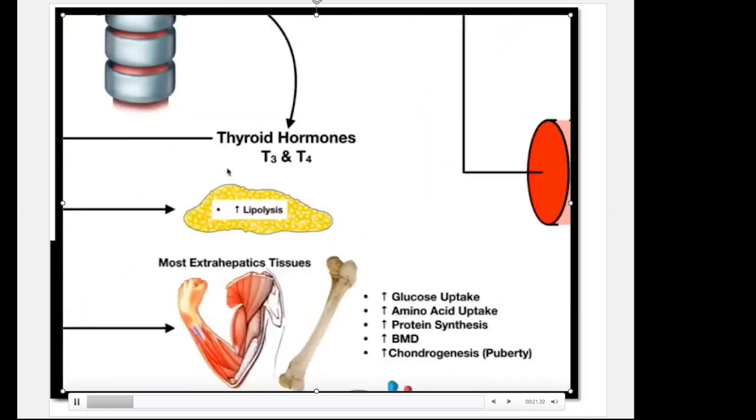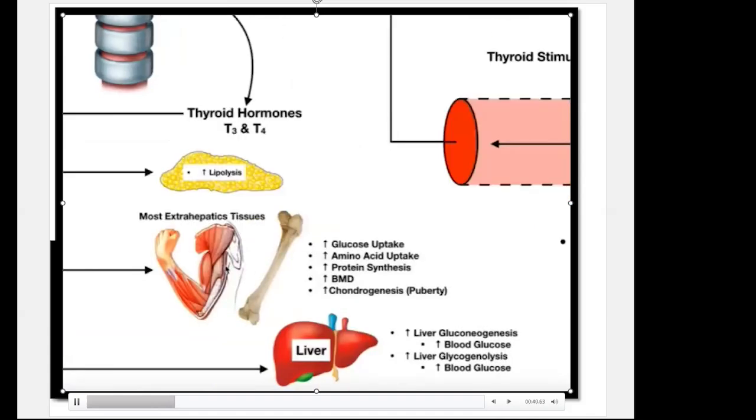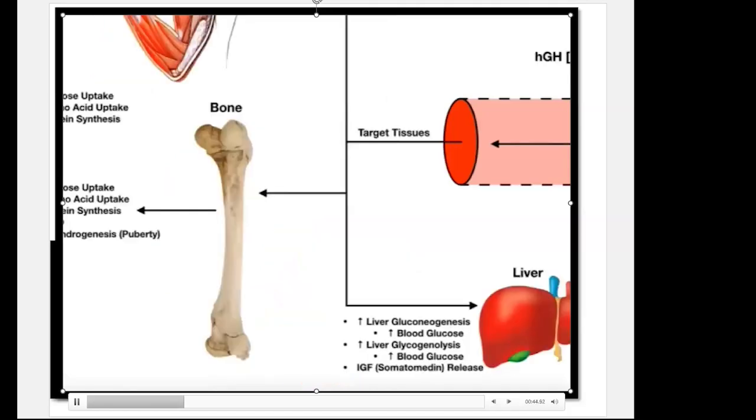So thyroid hormone is going to exert its effects on the adipose tissue, which is fat tissue, body fat. And body fat is, of course, loaded with triglycerides, which are the storage form of fatty acids. So thyroid hormones are going to cause lipolysis to increase in adipose tissue. It's on these tissues, very similar to what we actually saw in growth hormone.